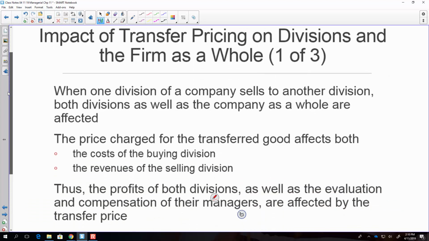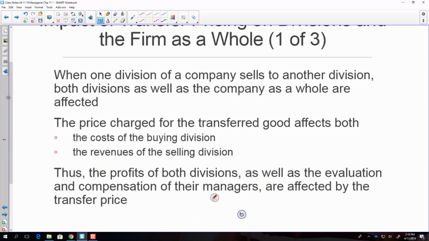So the author talks about the buying division versus the selling division, right? If I'm buying from another division, that's a cost to me, so that's why it influences my bottom line. And if I sell to another division, that's revenue to me.